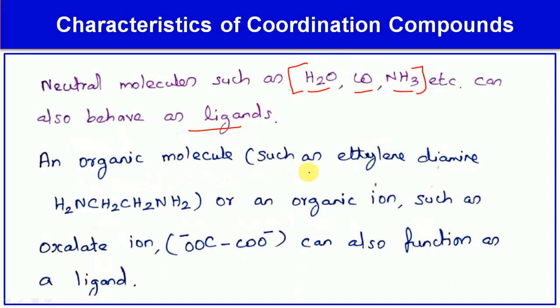An organic molecule such as ethylenediamine can also be a ligand. Take an ethane molecule, remove one H from one side and one H from the other side, and attach NH2: NH2, CH2, CH2, NH2. That is ethylenediamine. Or an organic ion such as the oxalate ion, COO minus, COO minus, can also function as a ligand.